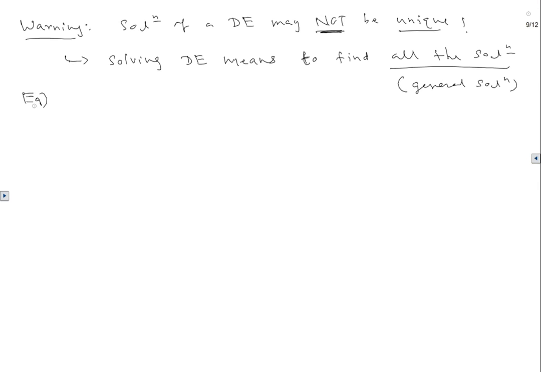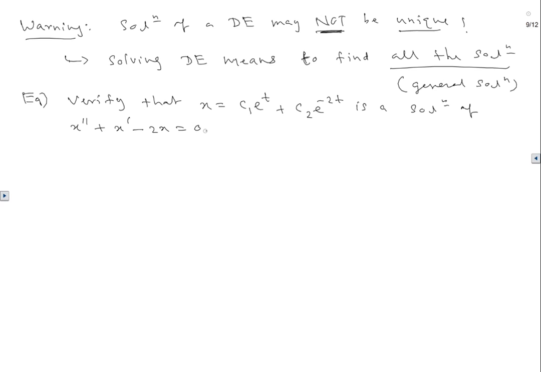Another example: verify that x equals c1 e to the t plus c2 e to the negative t is a solution of x double prime plus x prime minus 2x equals 0.